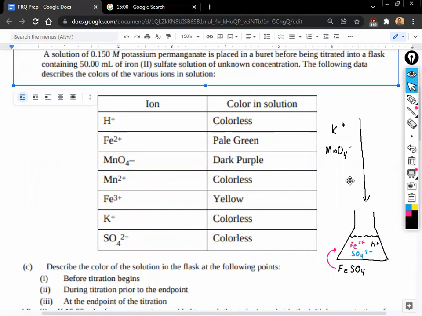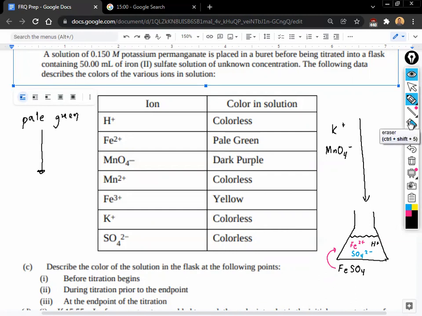What we need to figure out is what products are being formed during the reaction. Before titration, we said that we were pale green. As KMnO4 reacts with the Fe2 plus, it's going to start changing color. That's what we're trying to figure out. What color is it changing into?